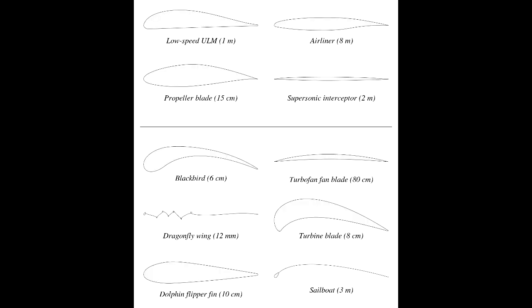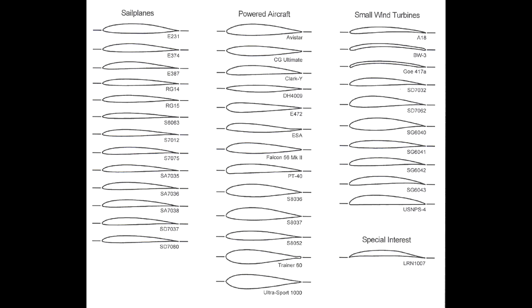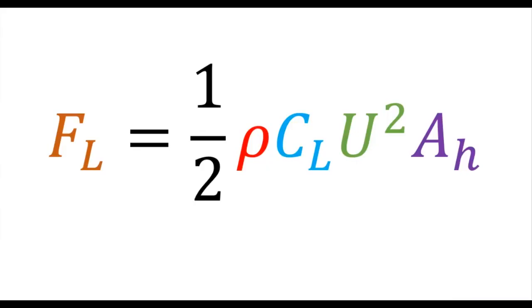There are certain types of airfoil which are asymmetrical. So for these types of airfoils, we will have a lift different than 0 for the angle of attack equal to 0. The lift force on an airplane will depend on the density of air, the lift coefficient, the velocity of the airflow along the airfoil, and the horizontal projected area of the airfoil.